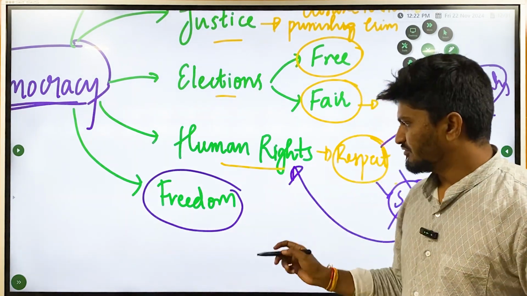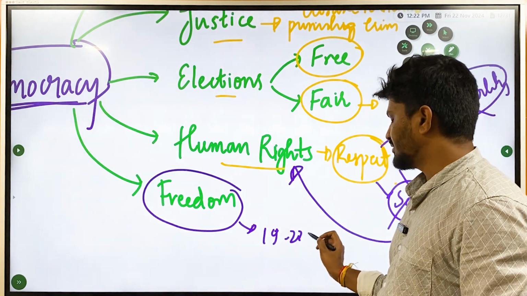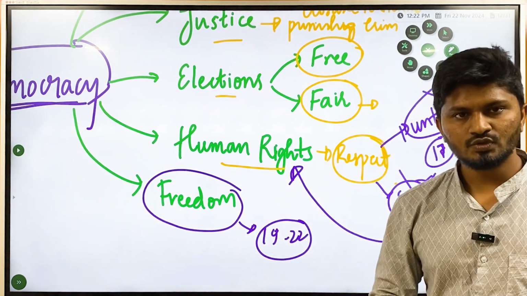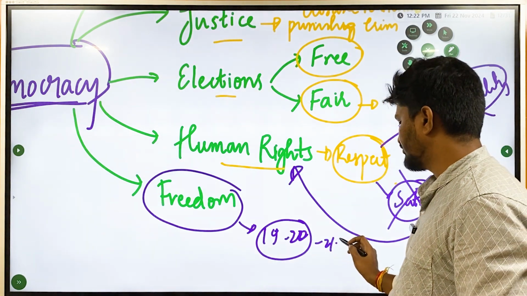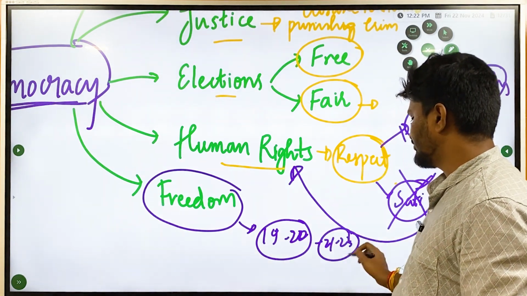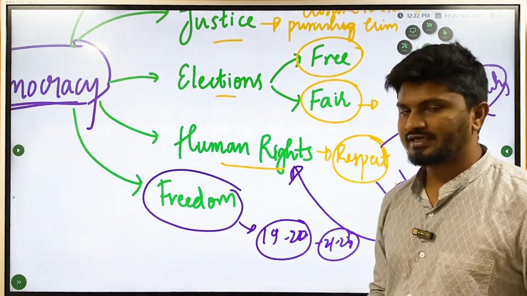The freedoms in India are provided under Articles 19 to 22. Articles 21 to 24 are again about the right to life and other things. The right to freedom is Articles 19 and 20.